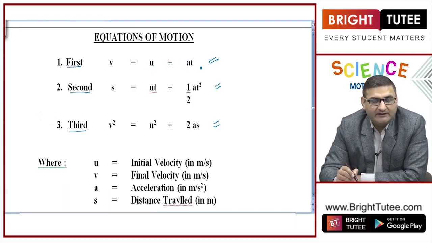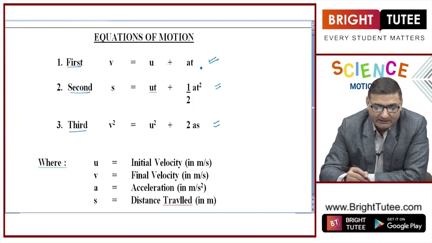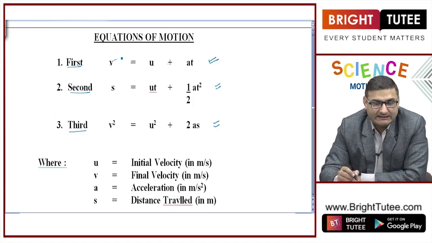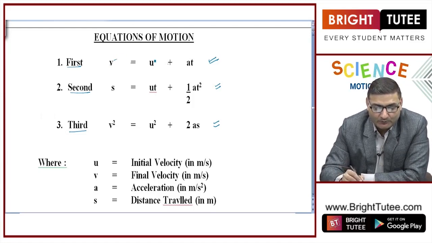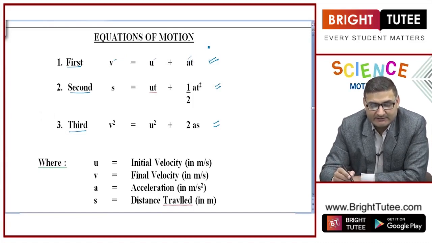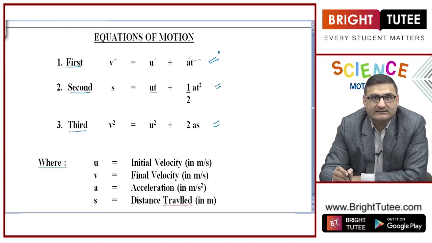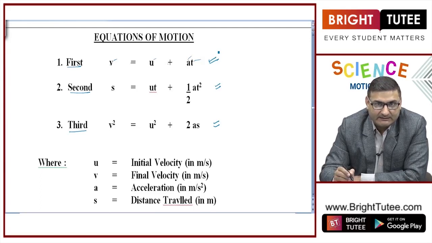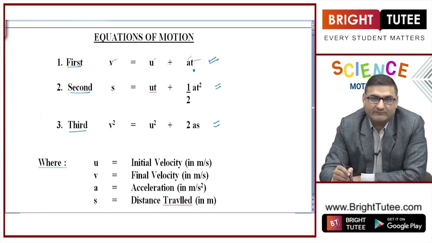I repeat, v is equal to u plus at, where v is the final velocity, u is the initial velocity, a is the acceleration, and t is the time. This is the first equation of motion.